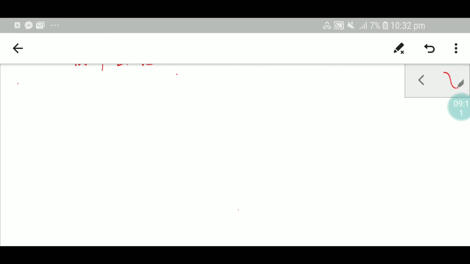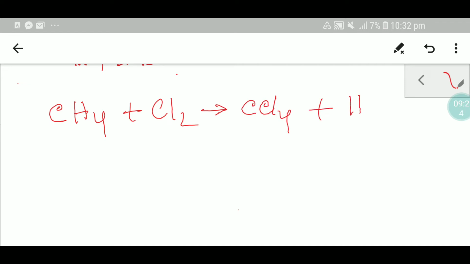This is methane, and this is chlorine, this is carbon tetrachloride plus HCl, right? In the first step, to balance this reaction, I have to draw a table.